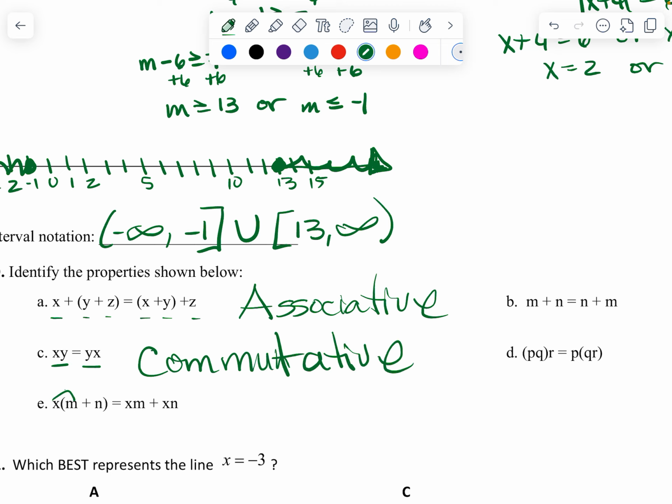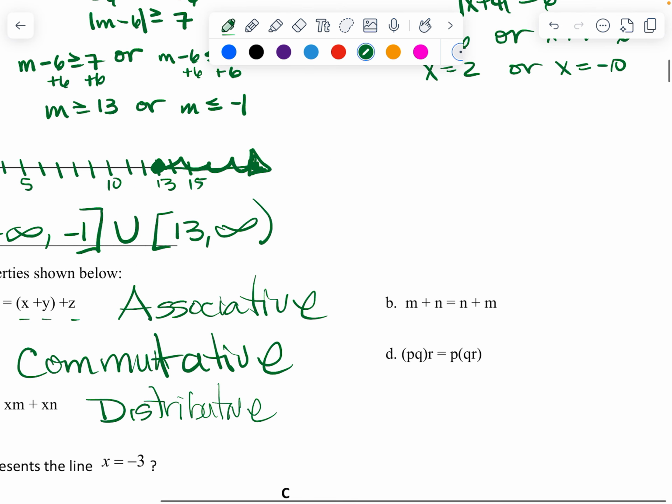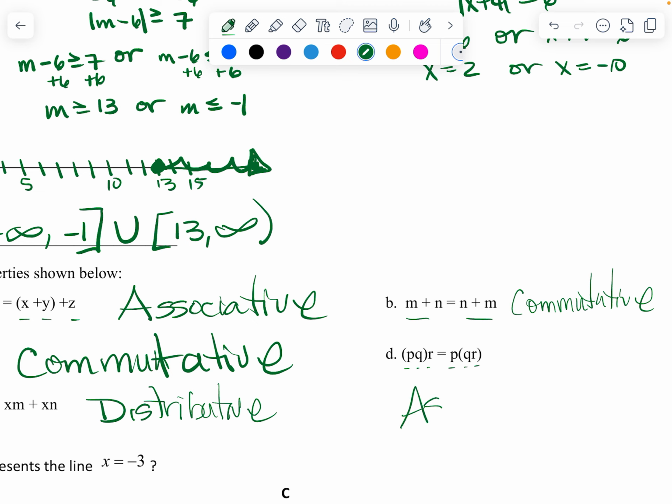Okay, it distributed, so distributive. This one, order changed, so that's commutative. PQR, PQR, the only thing that changed was the parentheses, so that is associative.